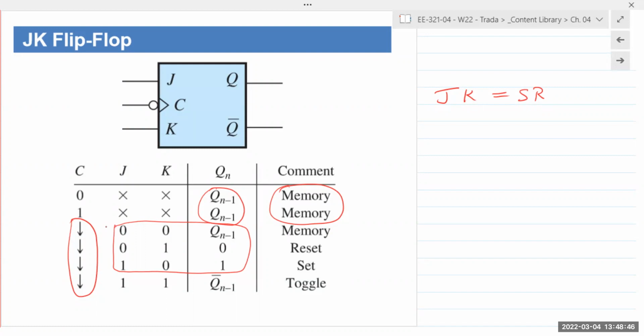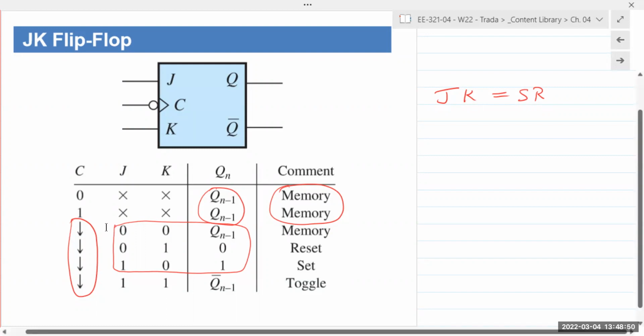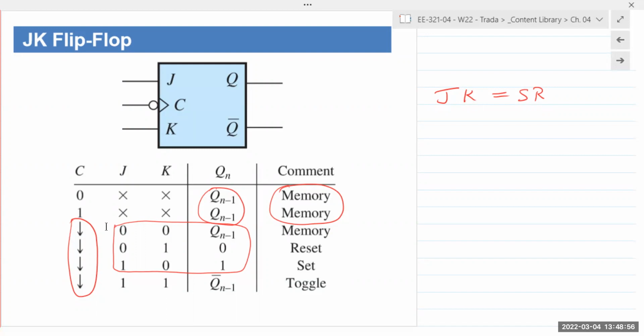And there, the output of the circuit could not be predicted. Depending on which input received the 0 or 1 faster, the output could be either 0 or 1. So output was unpredictable, and hence designers state that this state is not allowed. As a designer, you're not allowed to have both inputs high at the same time.